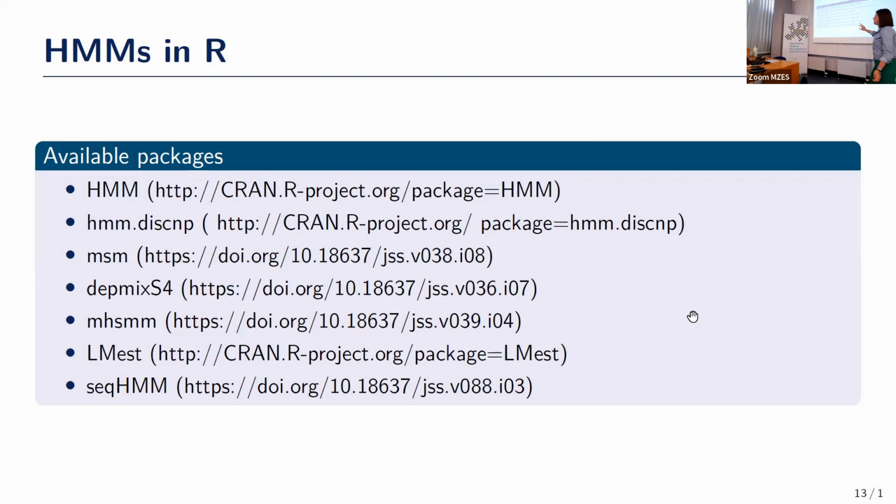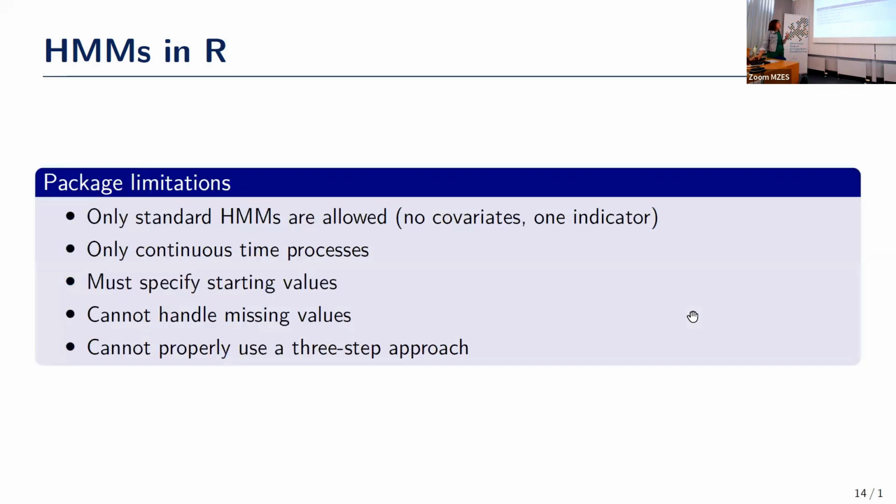If you're interested, by the way, I put links here to the papers that were published about the packages and all the explanatory material, but they all have limitations. Often we cannot have multiple indicators. That's a problem. We can only do the standard one-indicator HMM, or we cannot add covariates.